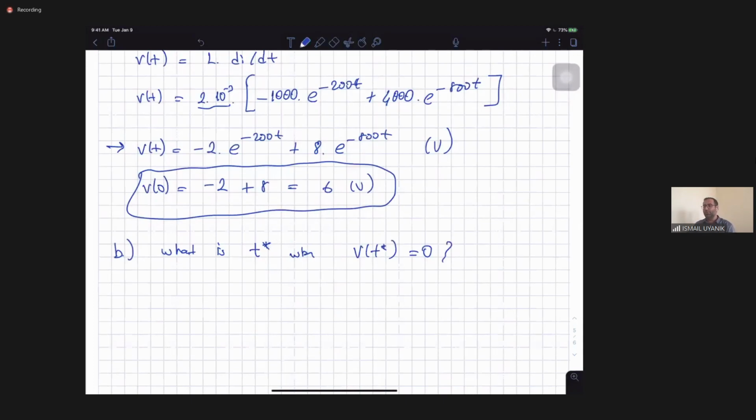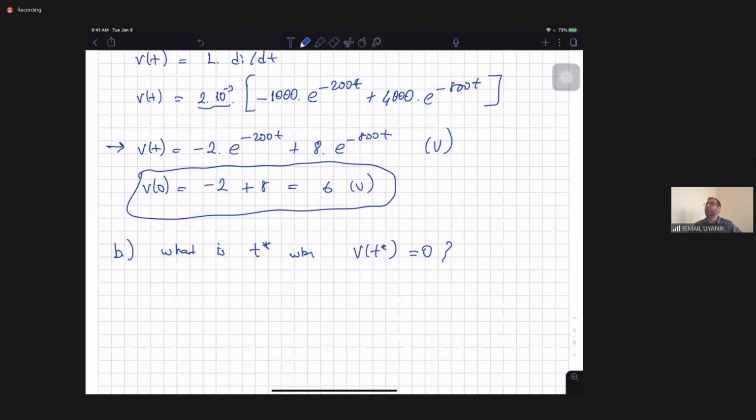Wait a second, I think there is a problem with this question. ln4 over 600. Okay, sorry, we don't need to take the derivative.